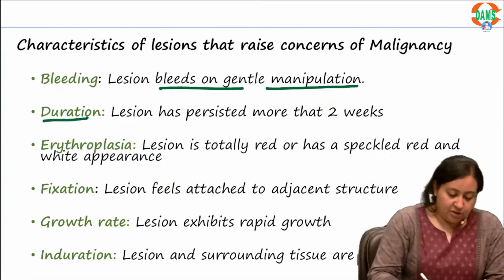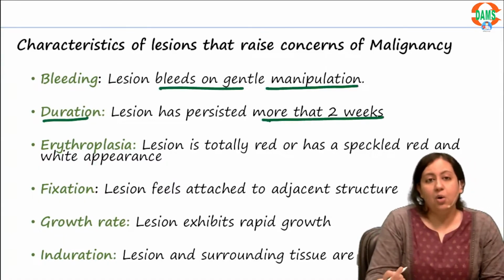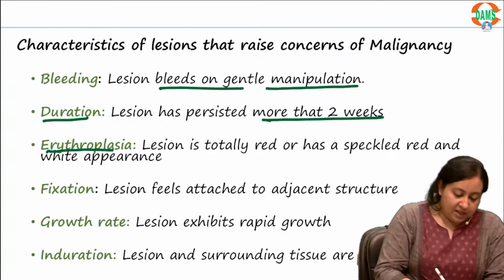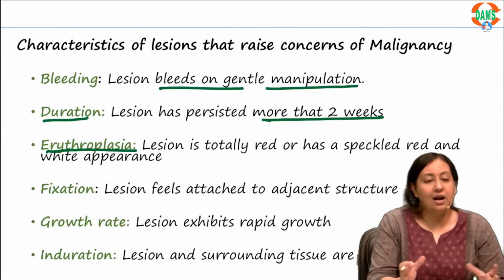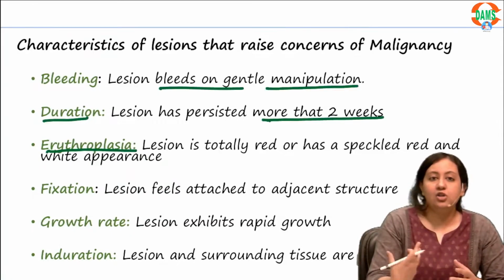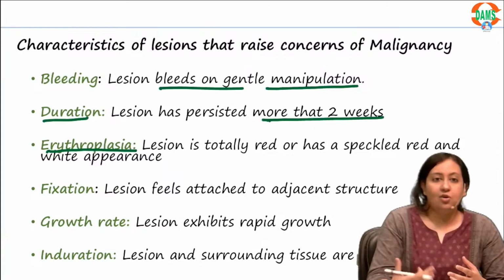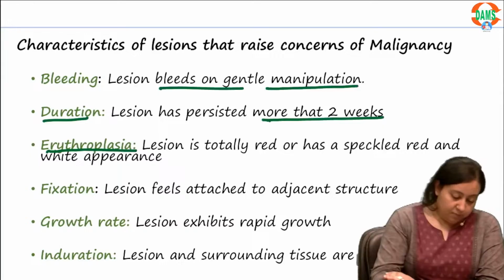According to the duration, this we have already seen: a lesion beyond 2 weeks of duration. Erythroplasia. If it is a red lesion or a red and white speckled lesion, such lesions have higher chances to transform into a malignancy, and they also need to be biopsied.